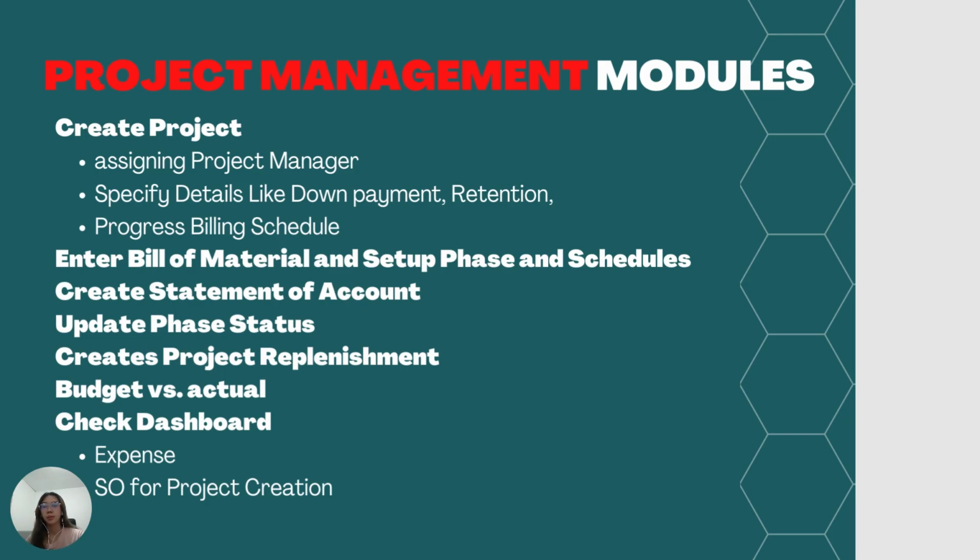You can also enter the bill of material and set up phase and schedules. You can also create your SOA, update your phase status, create project replenishment, view your budget versus actual expense, and the dashboard for project management is where you can check your expenses and SO for project creation.